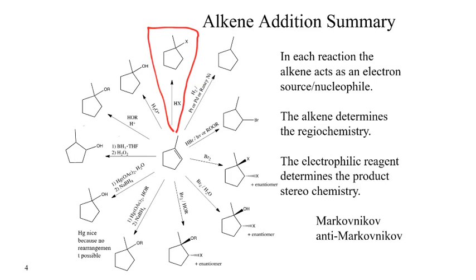Here's our summary. We're looking at HX, where X was a halide. We then just threw in where X, if we want to, would be water, or really just oxygen, where that oxygen was connected to two hydrogens.